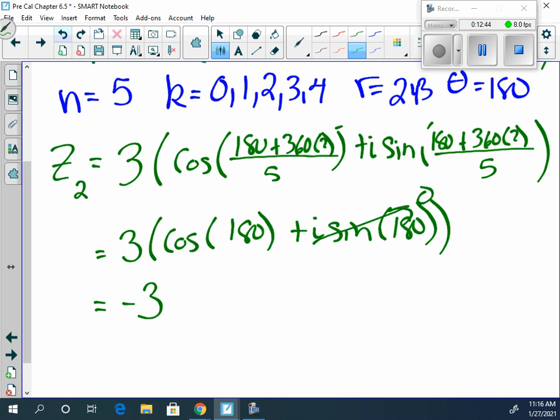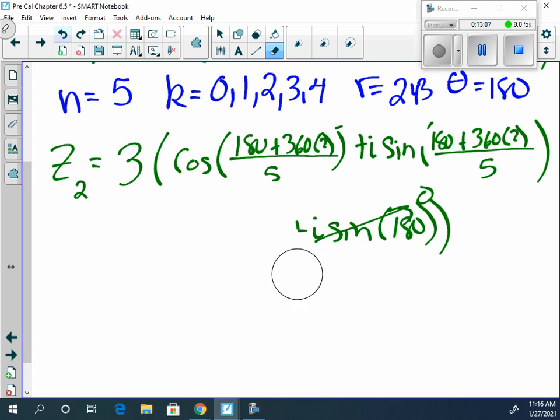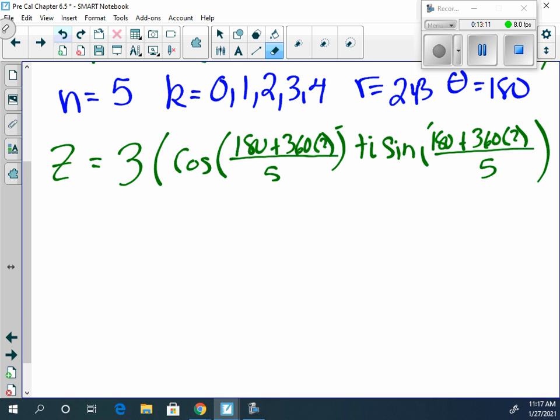Yeah, because we times it by 3. So Z2 is negative 3 plus 0i.